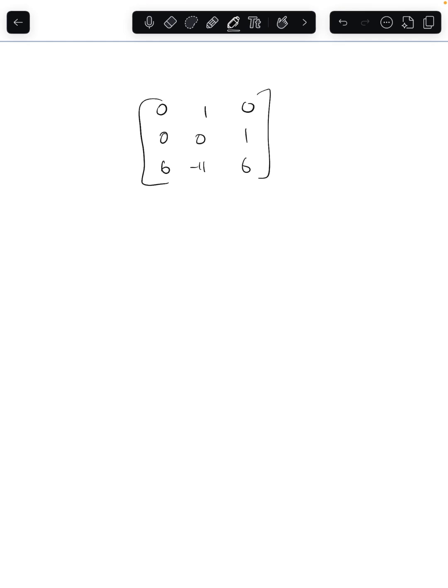Any of the methods we can use. By using that method, the characteristic equation of this matrix will be lambda cube minus 6 lambda square plus 11 lambda minus 6 equal to 0. This will be the characteristic equation of the given matrix A.